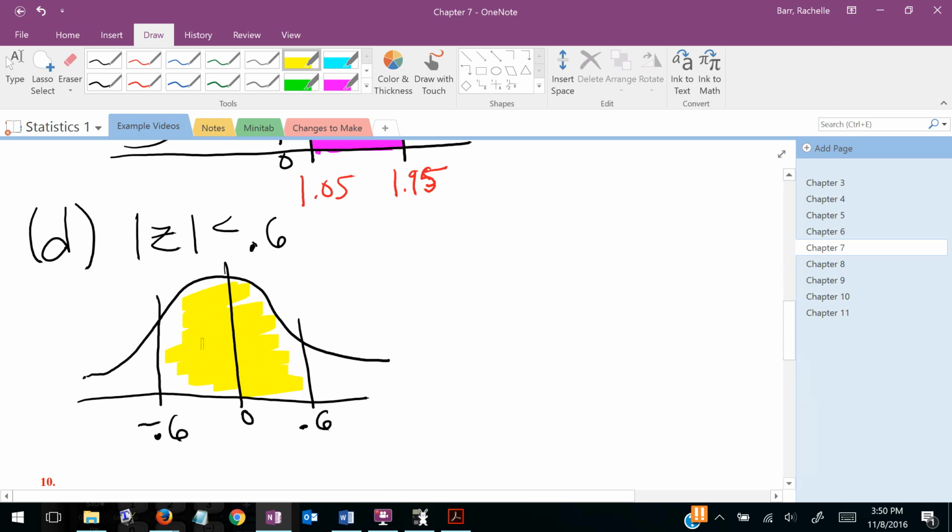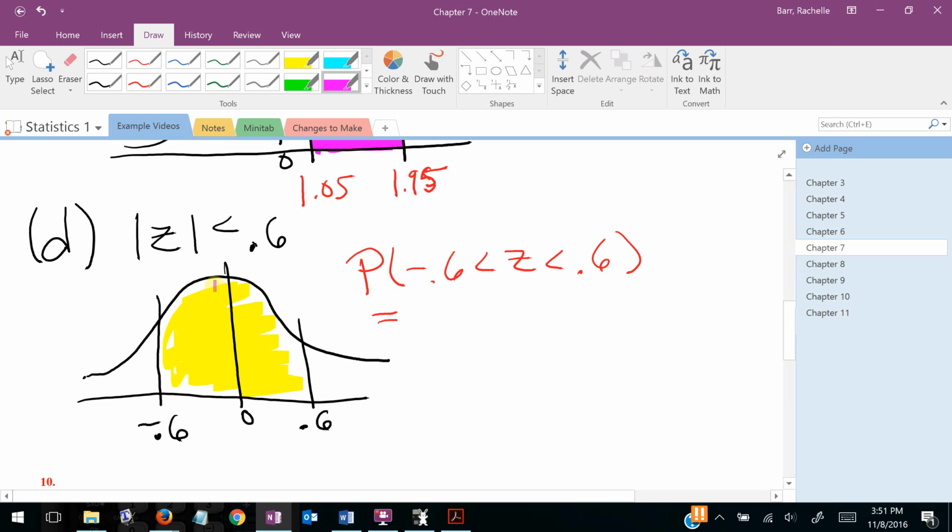So if we translate that into a probability statement, I would think of this as, hey, I want the z's that are between negative 0.6 and positive 0.6. And I'm going to do something a little bit different from what I did last time. Since this is symmetric, I can use the symmetry of the distribution to figure out what's going on here. So instead, I'm going to do half.